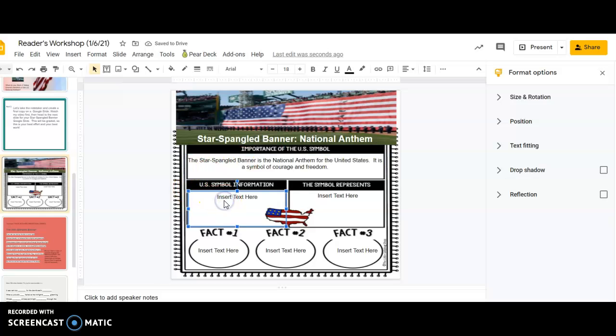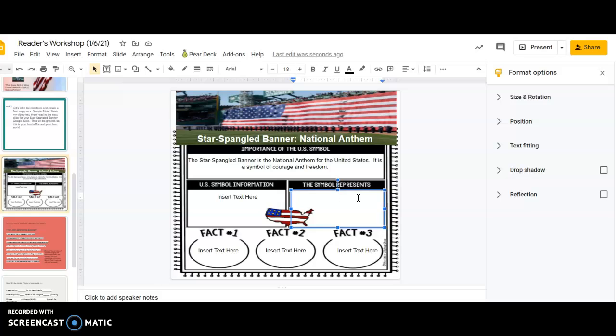Okay, so now I'm going to go over to this section that reads "the symbol represents," and I'm going to get rid of that. Remember, we read that it represents pride and respect for the country, and people sing it at major events.